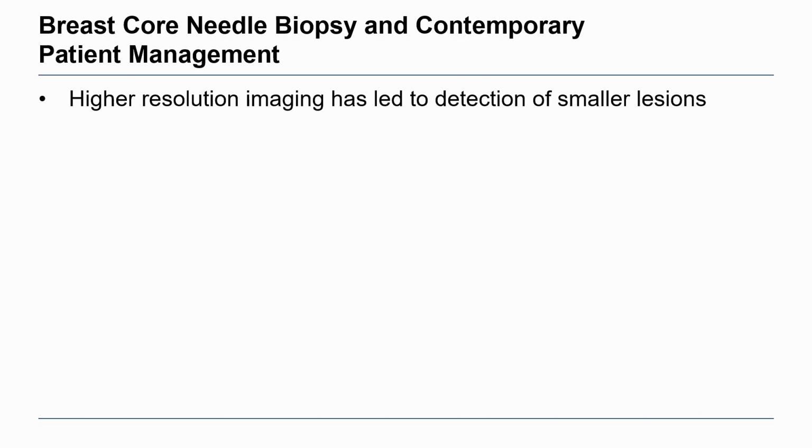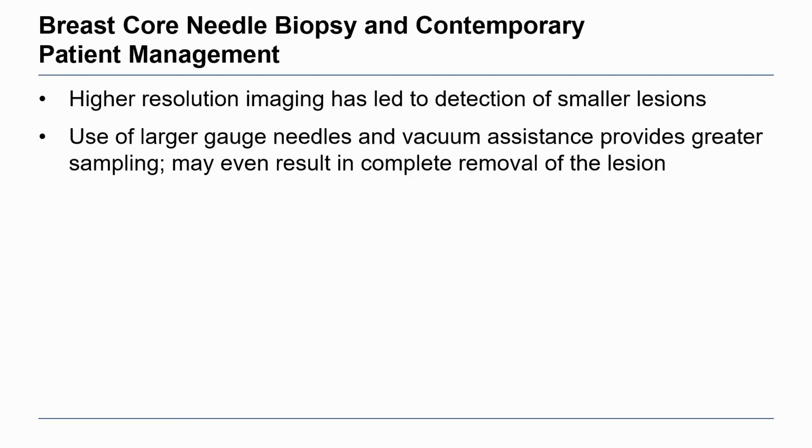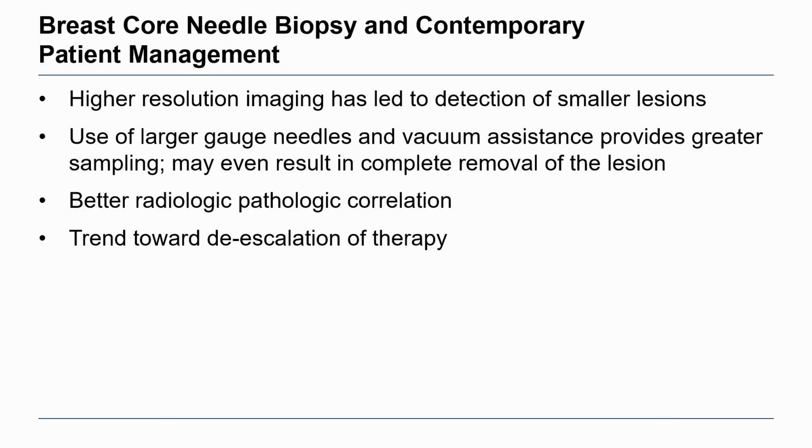For my talk, I'd like to begin with contemporary patient management and breast core needle biopsy. Higher resolution imaging has allowed us to detect smaller lesions. We also see the use of larger gauge needles and vacuum assistance providing greater sampling and perhaps even complete removal of the lesion. We have better radiology pathologic correlation because we often have access to the digital images.